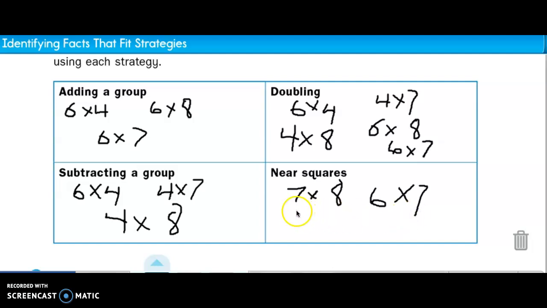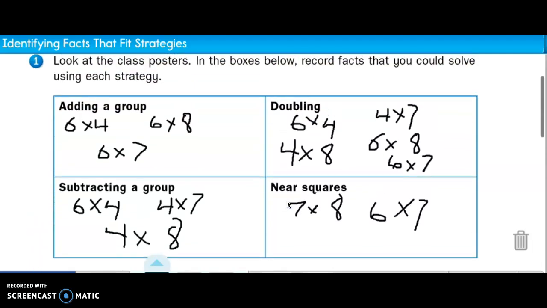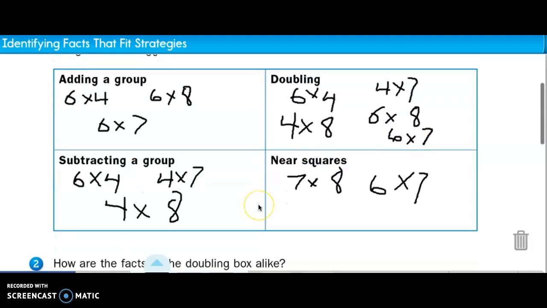Okay, now we're going to look at each of these strategies and look at these multiplication problems. How are the facts in the doubling box alike? So look at all the doubling facts. Can you notice not necessarily a pattern, but something, how they are all alike? In order to do doubling, you have to have one number that is even. There's a 6. At least one number in these facts is even.